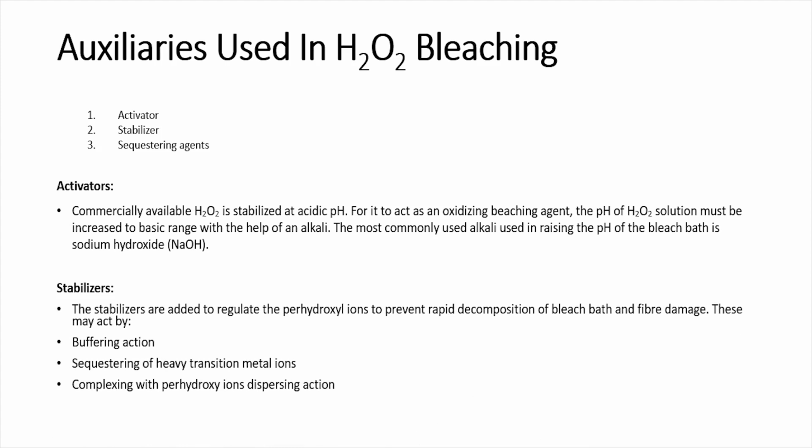And the next one is the stabilizer. This is very important for hydrogen peroxide bleaching, because the perhydroxyl ion is so rapid, and it may escape, that means it may convert into oxygen gas. So you have to stabilize the reaction and release the perhydroxyl ion slowly. For that purpose sodium silicate is used to stabilize the hydrogen peroxide.